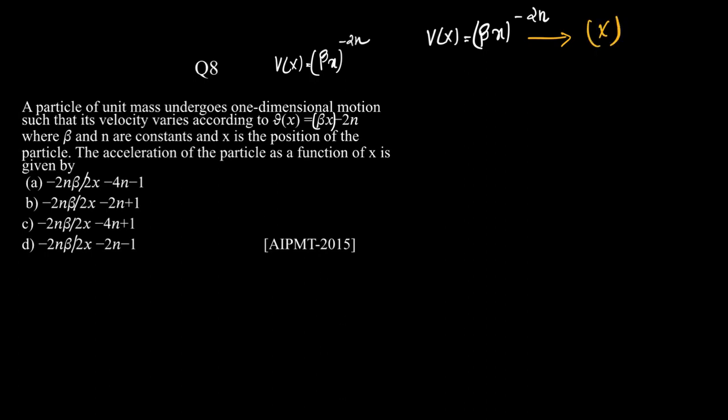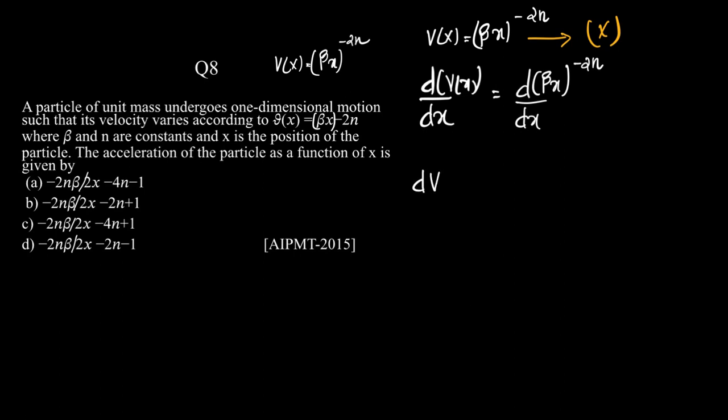Let's see. So we have d by dx of v of x is equal to d by dx of (beta x) to the power minus 2n.